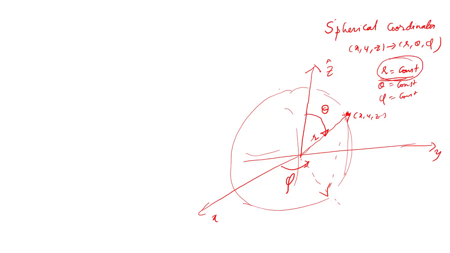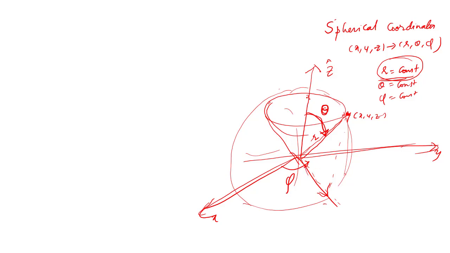Similarly, if you look at theta equal to constant, you can rotate this line around into a cone, and that cone is the second surface, theta equal to constant. And phi is along the x and y axis. So for a constant phi, the surface would be a half plane along the z-axis.